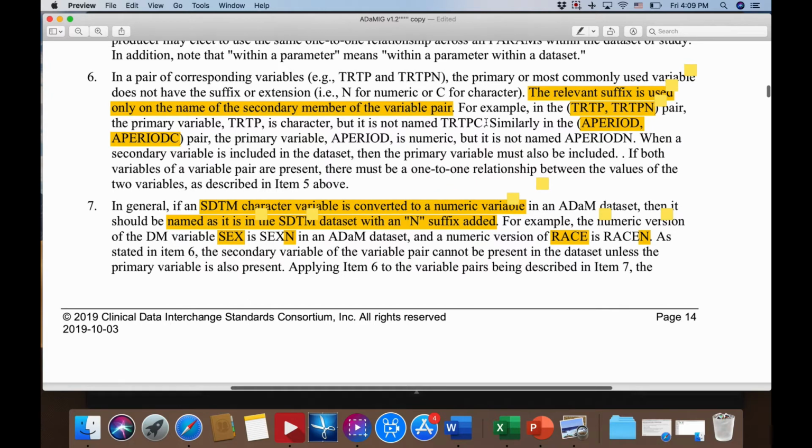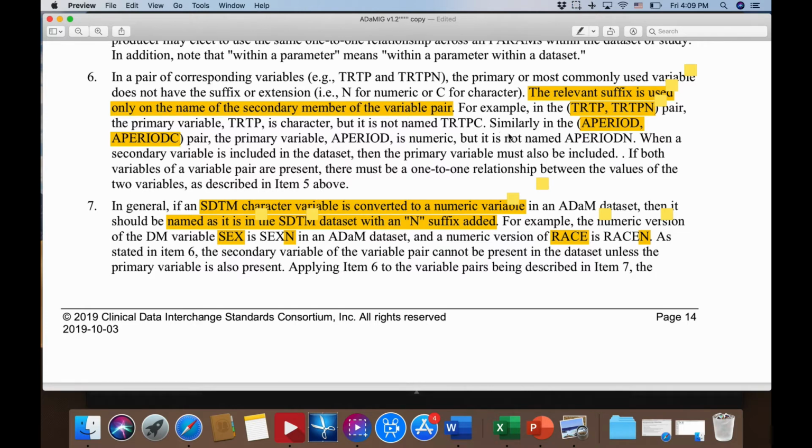And this one means that for the primary variable, for example this one, and this is the secondary variable. The secondary variables end with N. The first has to end with C. TRTP is a kind of pair, and the same goes for the period.